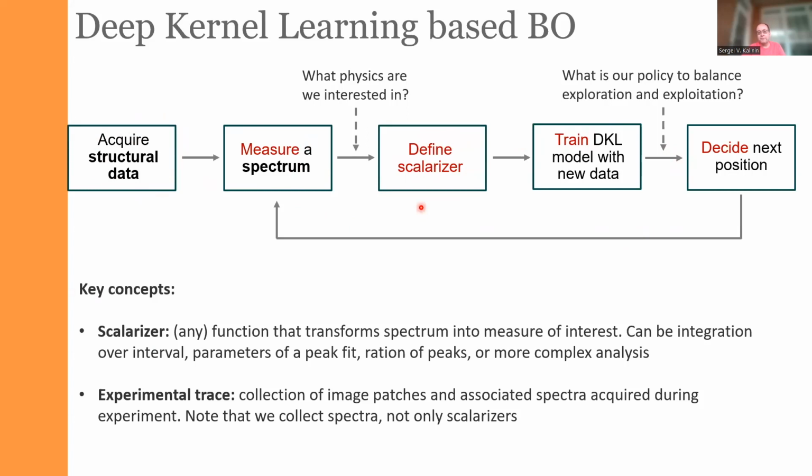Exactly the same thing can be done for materials discovery, except that in this case, you start with a collection of structural data sets and continue over and over. The big limitation here is that for the time being, we don't have the generative component. So remember that VAE is a generative model. You can sample from the latent space, including points that do not belong to the latent distribution.